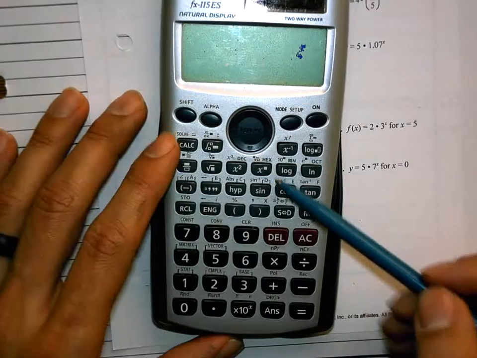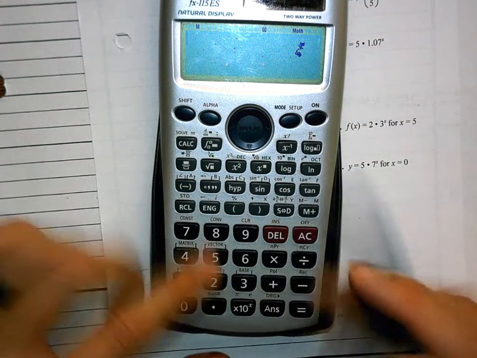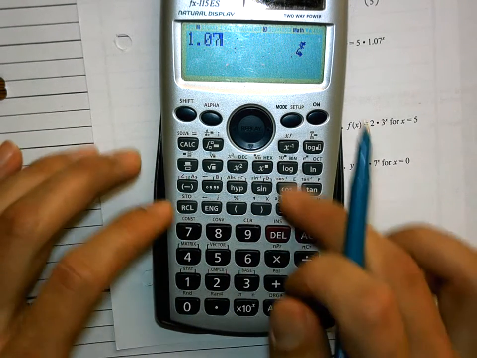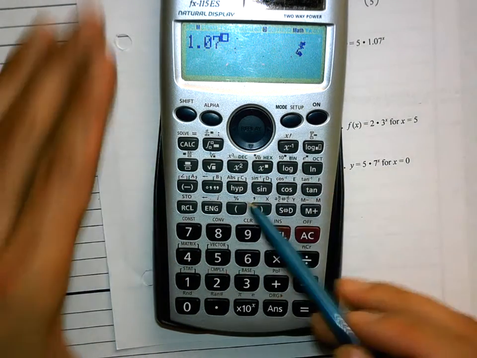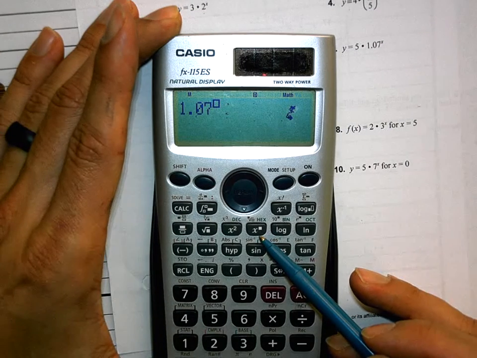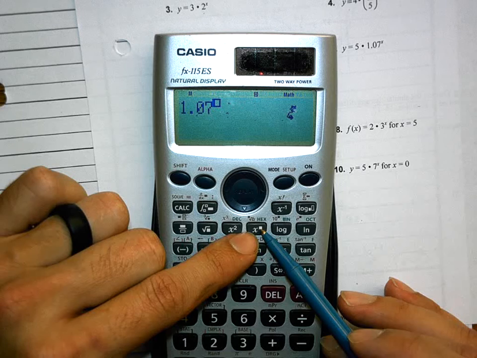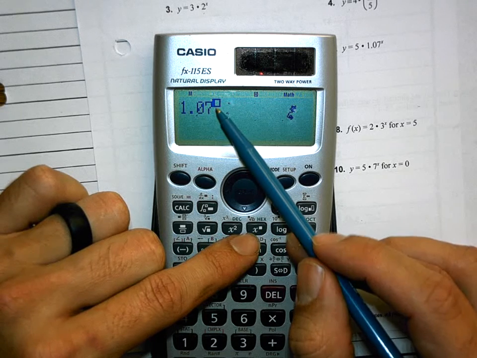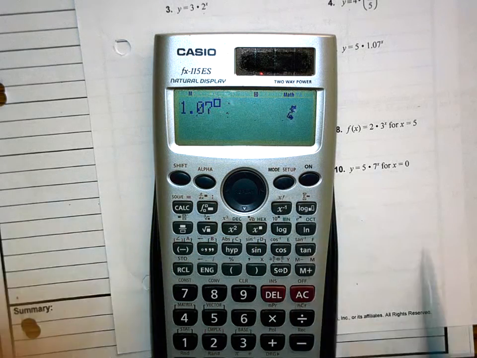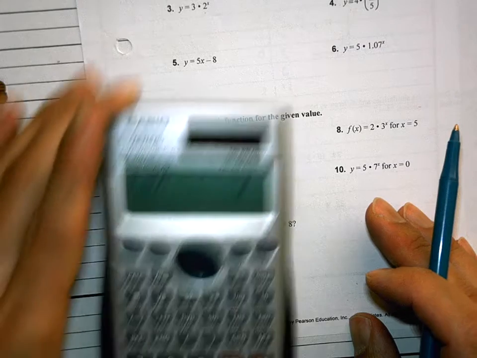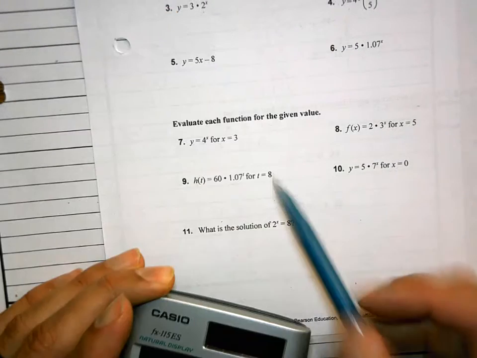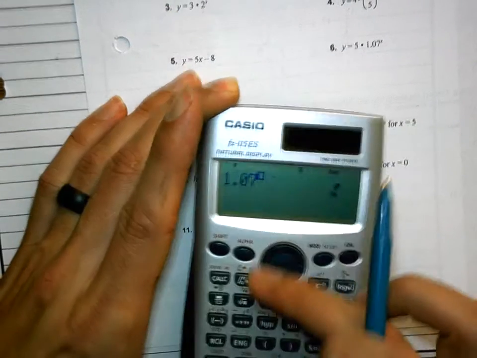So if you're trying to get to an exponent, and I'm trying to do 1.07 to the, your button for the calculator is right here. It's this X with the little box in it. It creates that box, and you can punch in whatever number it is that you need to do there. And for this, I would actually even put the 60 in front.